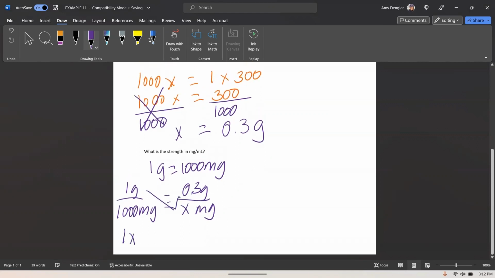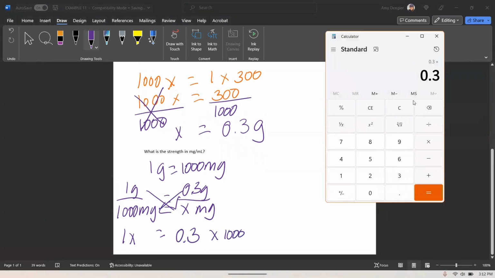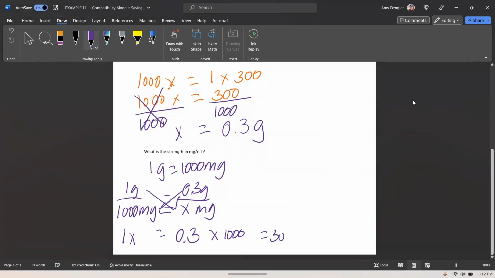So this would be 1x, which is just x, times 0.3 times 1000. So once we do the 0.3 times 1000, that is going to be our x. And that is 300. So that means x is equal to 300 milligrams.